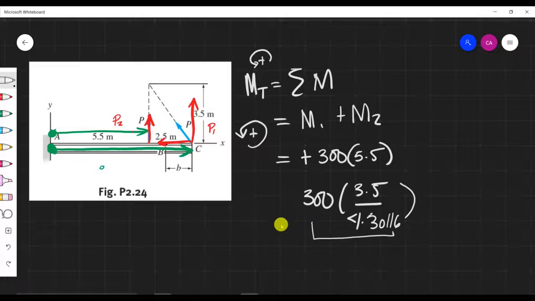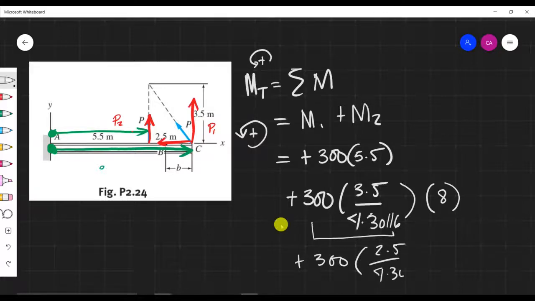Perpendicular distance na 8. Nagkakos ng positive rotation, so plus. The next, 300 times 2.5 over 4.30116. May perpendicular distance pa siya sa A? Wala. So, 0.